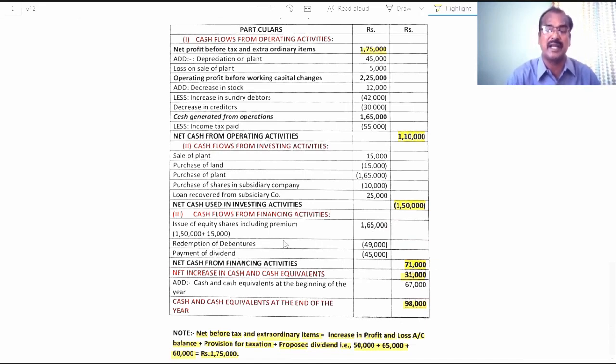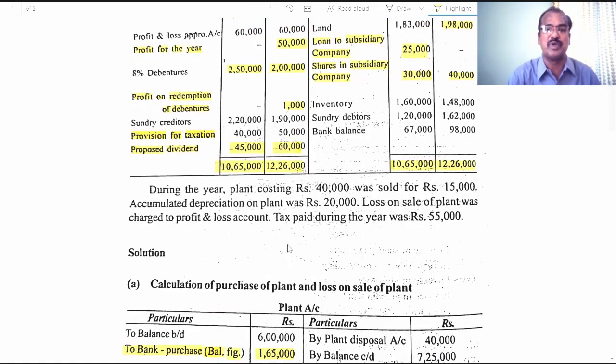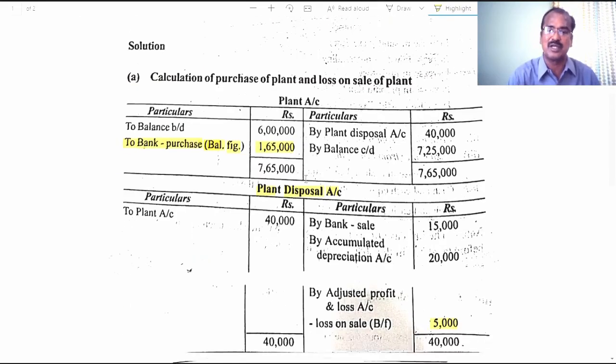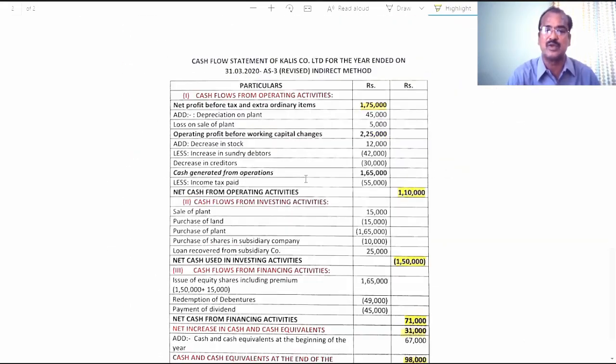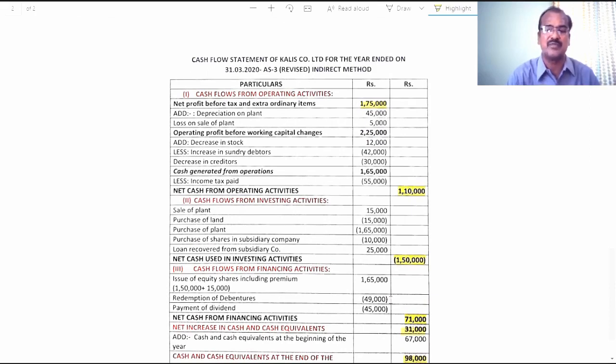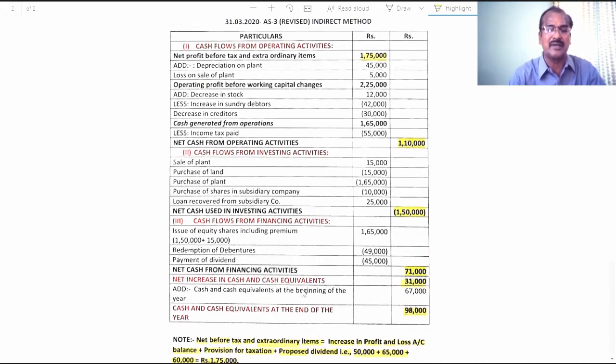Redemption of debentures has been carried out for a value of 50,000, but the cash payment made is only 49,000. How do I say that? Yes, the company has earned a profit of 1,000 rupees in the redemption of debentures. Therefore, instead of paying 50,000, they would have paid only 49,000, and the amount paid is finally recorded as cash outflow through this particular activity.